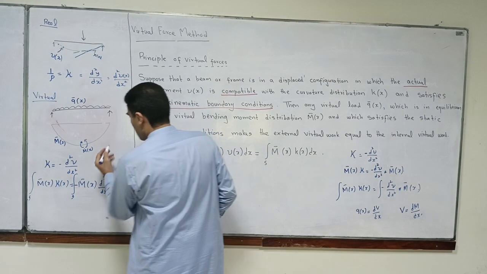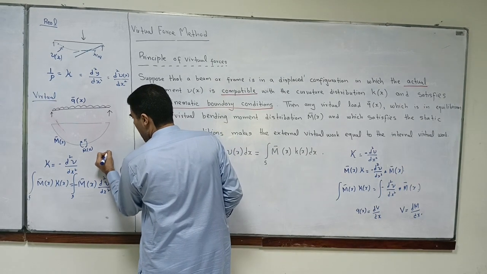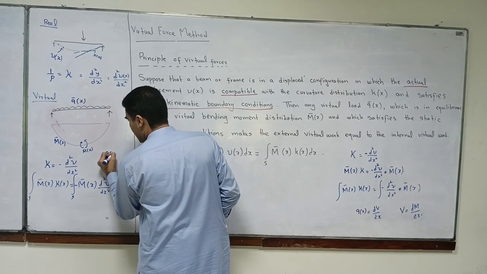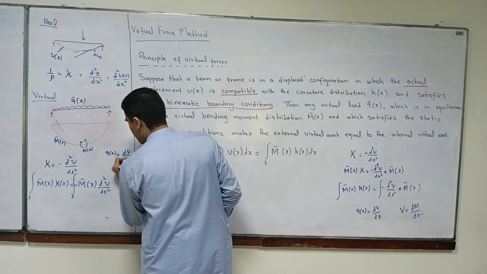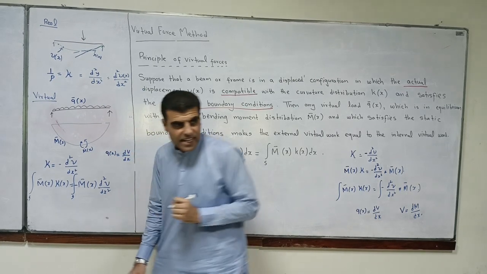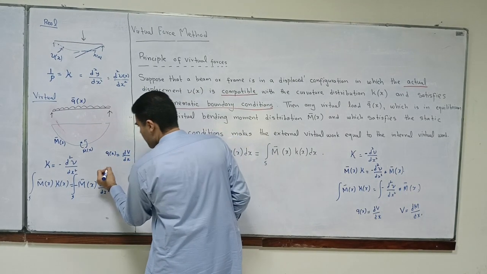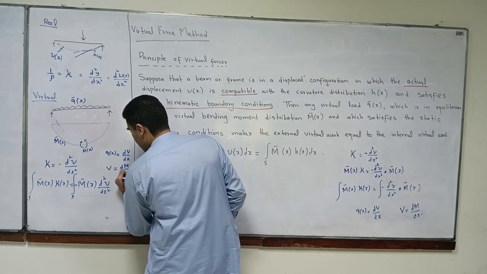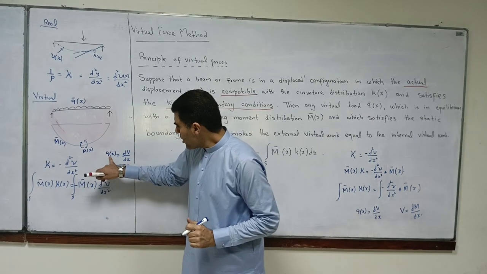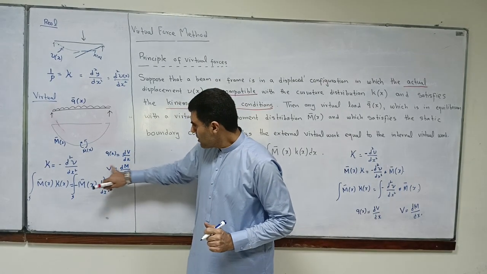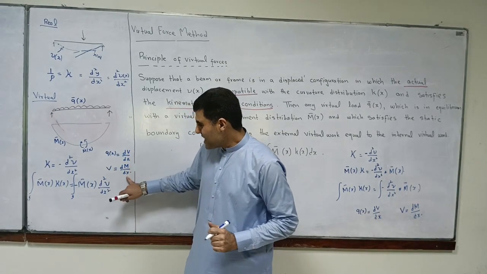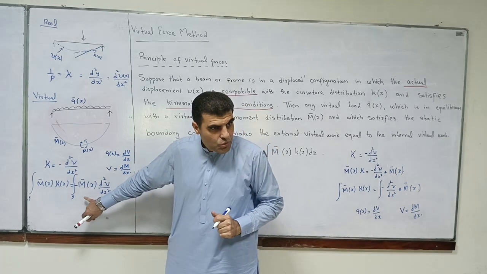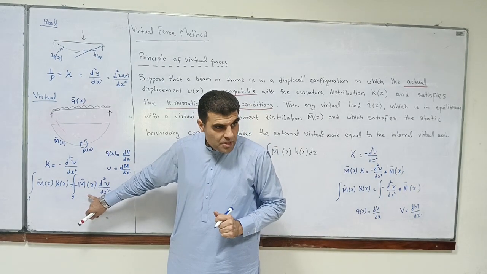Look, we have load q of x is equal to dV, shear, by dx. Agree? And shear is equal to dm by dx. So your q of x is equal to d2m by dx squared. So you can put that also over here. Do you understand?